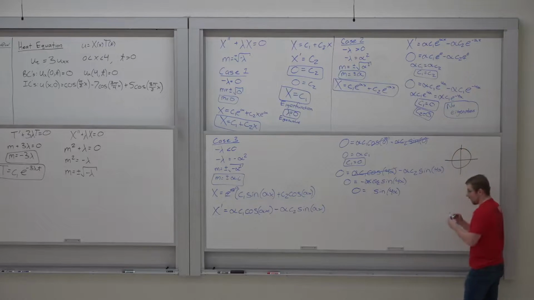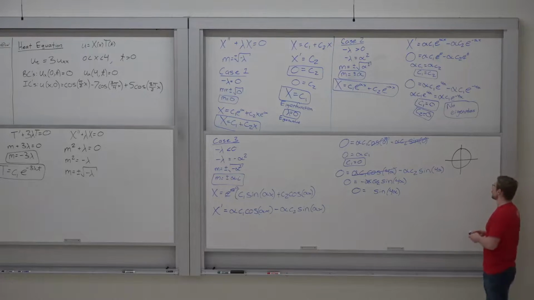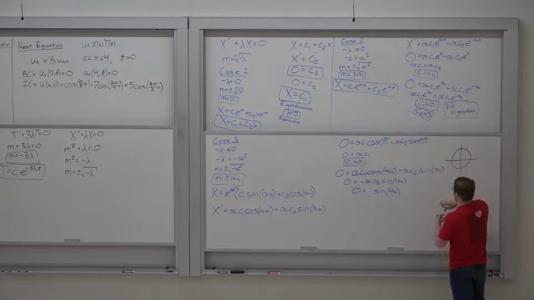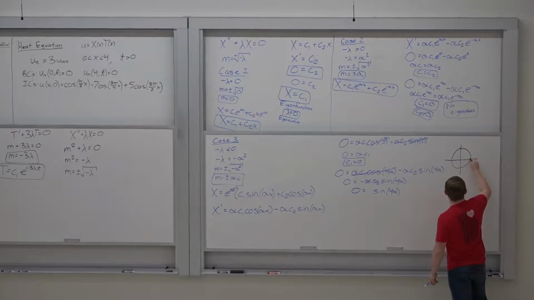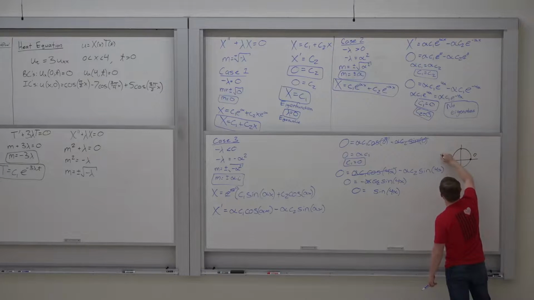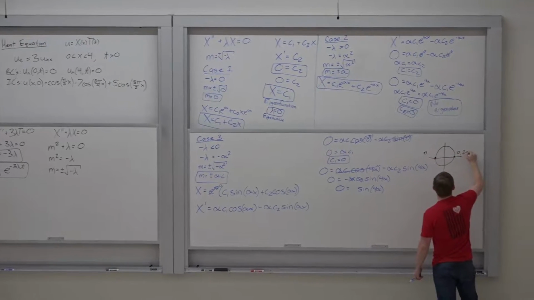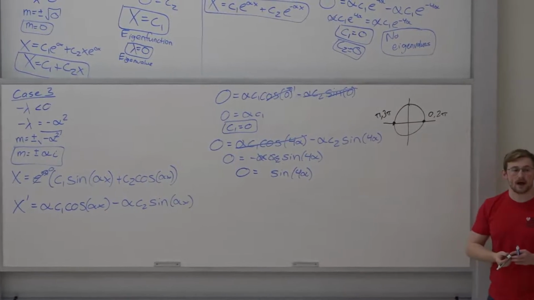I know that sine in my unit circle represents the y value. So I know that my sine is 0 when I'm here, or here, or here, or here. So that means when I'm at 0, or pi, or 2 pi, or 3 pi, or any multiple of pi.